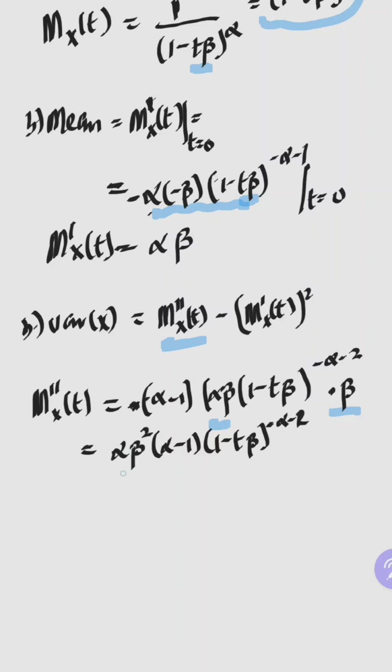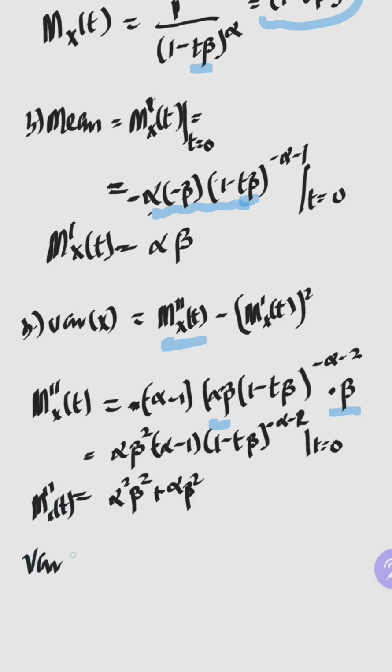Now, simplifying this further by setting t equal to 0, we're going to have alpha squared beta squared plus alpha beta squared. Don't forget we have this negative sign here. So this is the second moment.